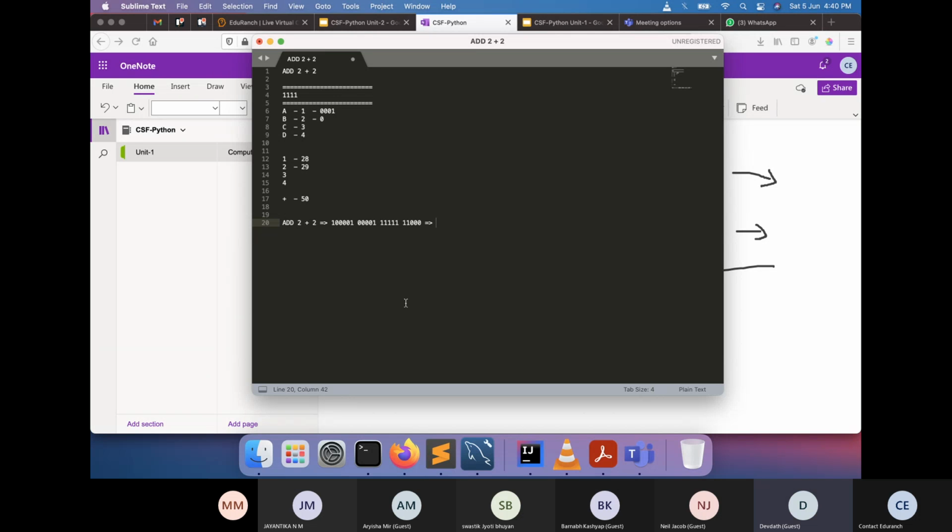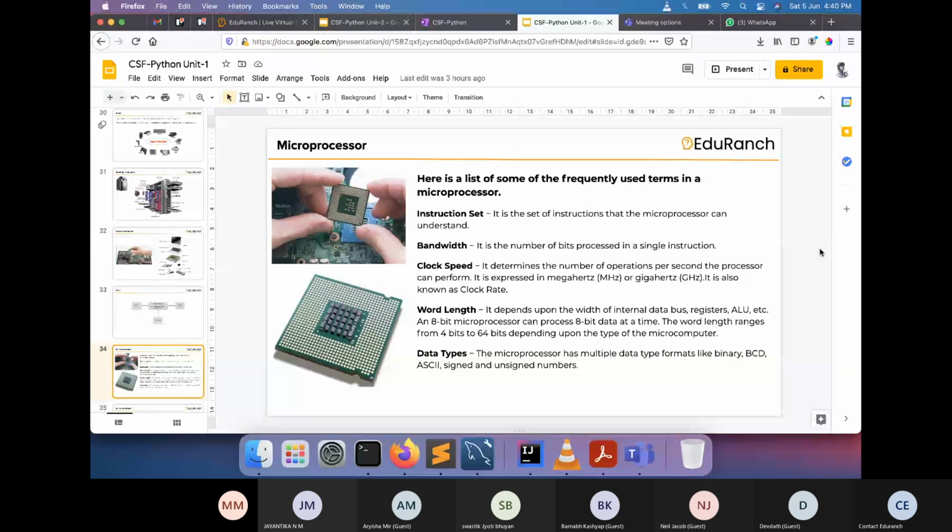Yes, sir. Okay. So now, if you see, this is how we turn these things into computer understandable language, computer understandable electrical signals or pulses. Now, there are a lot of terms you might hear. Say, for example, word length.